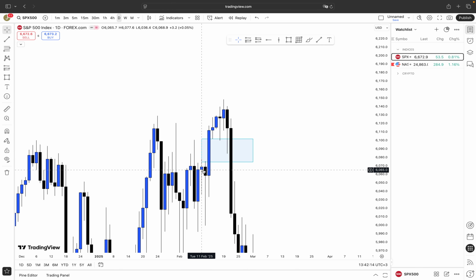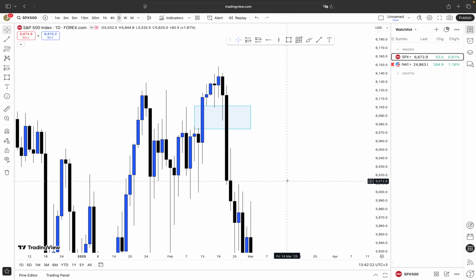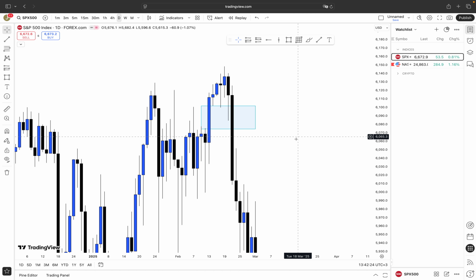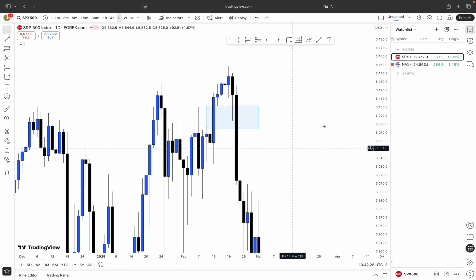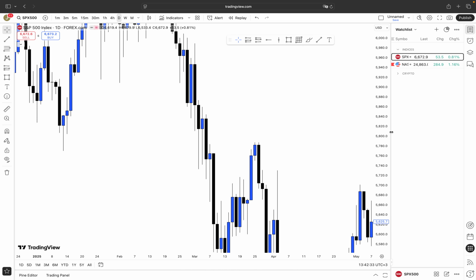First candle's highest point to the third candle's lowest point, including the wick, of course. We draw in the fair value gap, we see it gets respected a few times, but then, oh my goodness, it gets inversed by this huge sell-off candle, and look what happens after. We continue to move down.